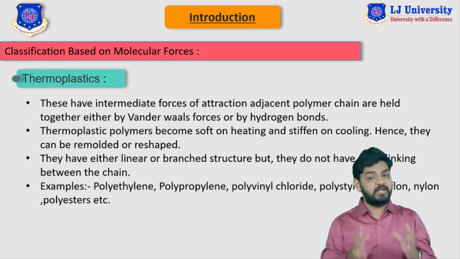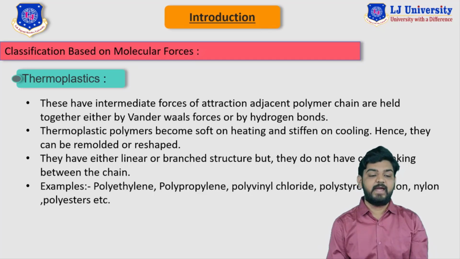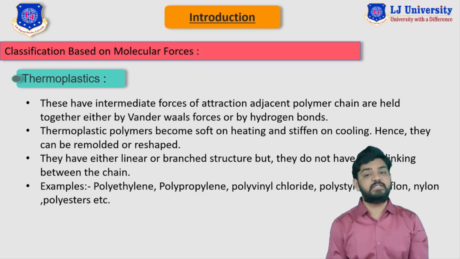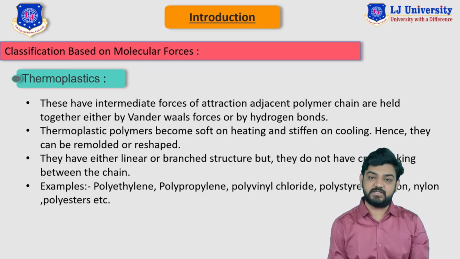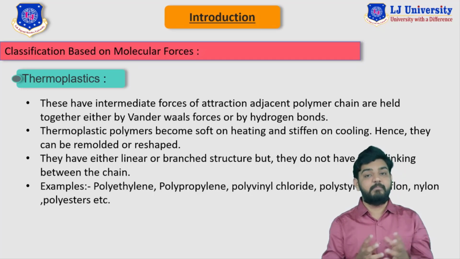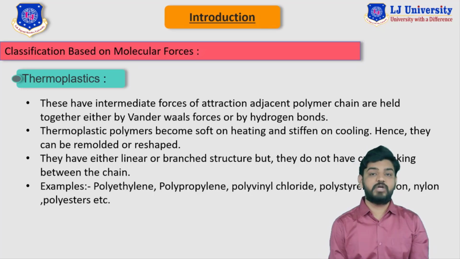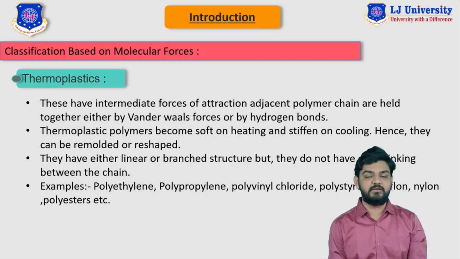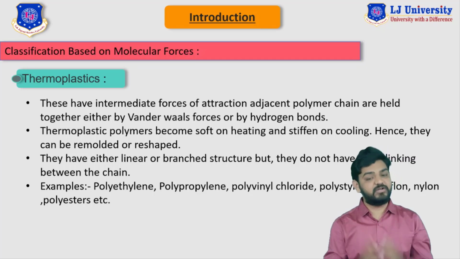They have either linear or branched structure. When this thermoplastic polymer has a linear or branched structure, well, they do not have a cross-linked structure. If they have a cross-linked structure, they will lose their thermoplastic properties. So, molecules with the linear or branched structure can only form thermoplastic polymers. The basic examples of these thermoplastic polymers are polyethylene, polypropylene, or polyvinyl chloride.